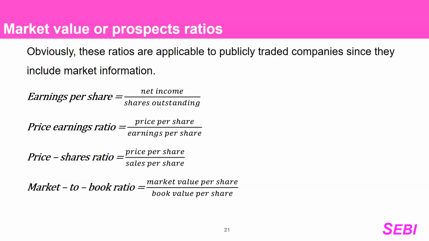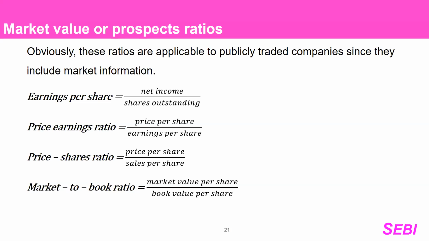You get the price per share from the market, and then you have the sales per share, so you take revenue divided by the number of outstanding shares, and you get the denominator.